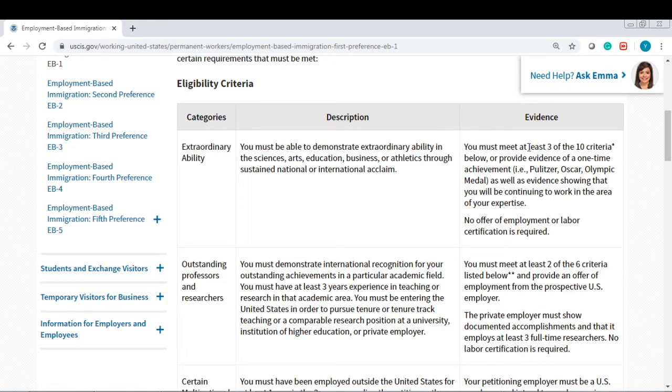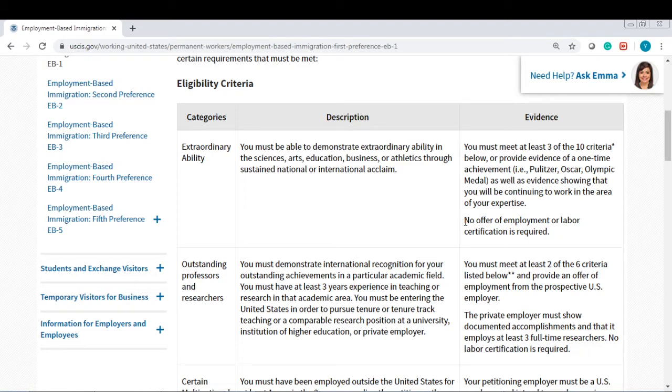You must meet at least three of the 10 criteria below, or provide evidence of a one-time achievement like a Pulitzer, Oscar, or Olympic medal, as well as evidence showing that you will continue to work in the area of your expertise.